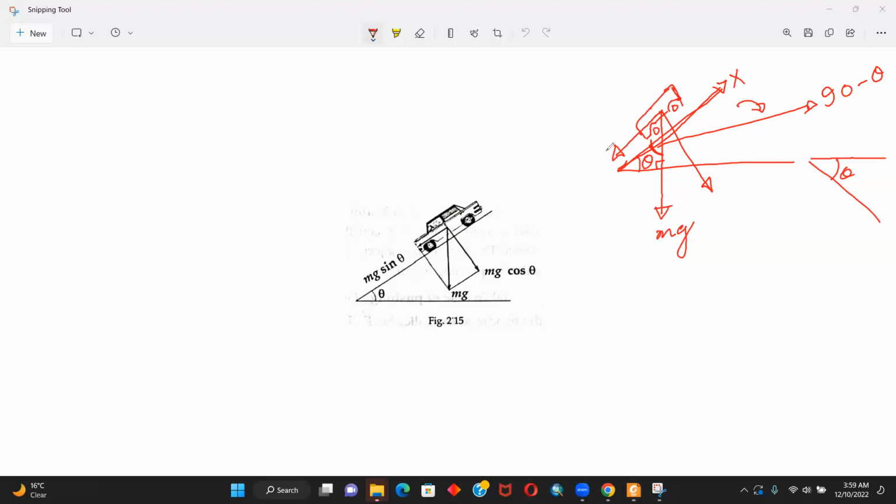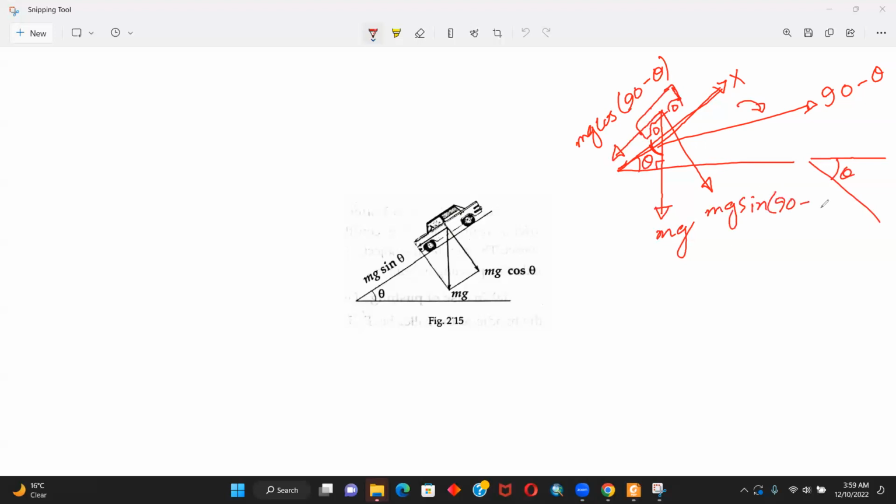All right, so tell me now what will be the component in this direction, that is the horizontal component? You have mg cosine 90 minus theta. Very good. And what will be this vertical component here? Mg sine 90 minus theta. Excellent.